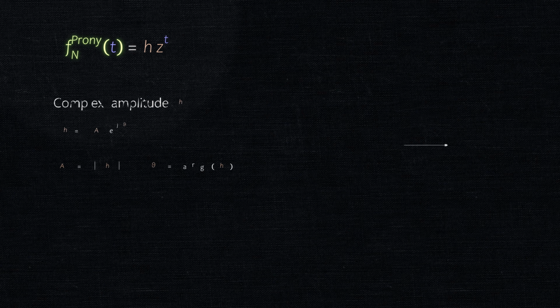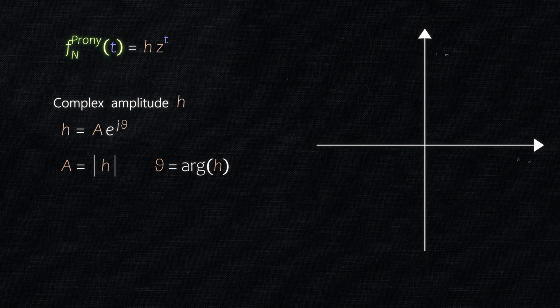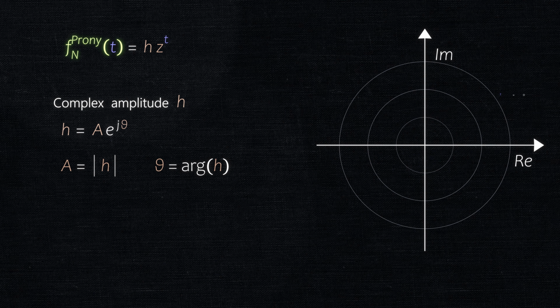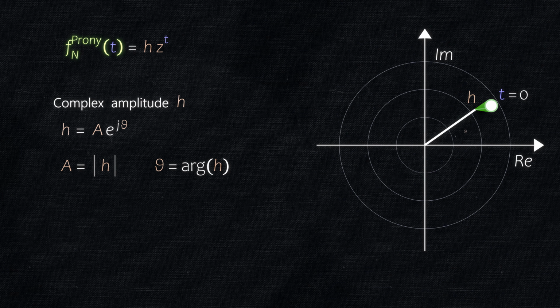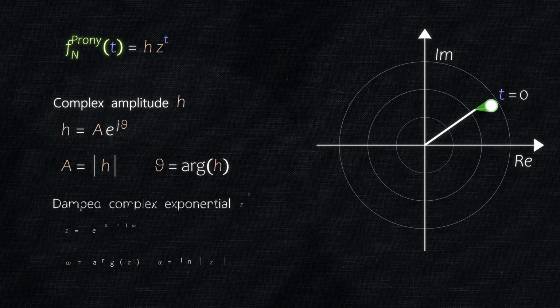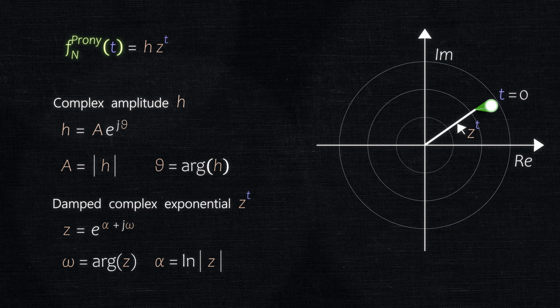H is called complex amplitude and corresponds to the starting point when t equals 0. At this point, z disappears from the expression, and we have just vector h of length a, rotated by angle theta. As t increases, z amplifies and rotates h with damping parameter alpha and angular frequency omega.